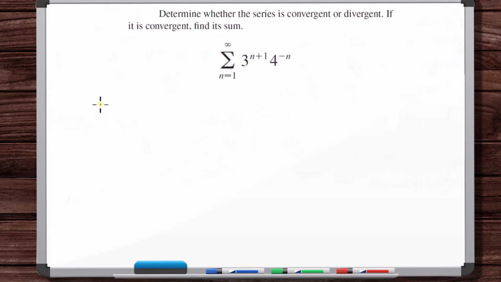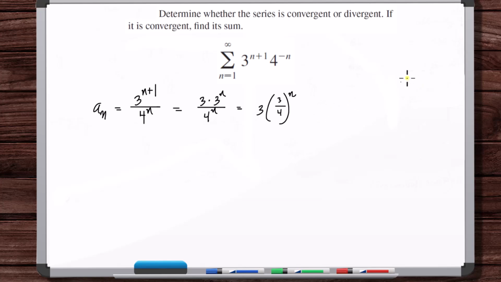So we've got a sub n is equal to, okay, so this is 3 times 3 to the n over 4 to the n. This is 3 times 3/4 to the n.